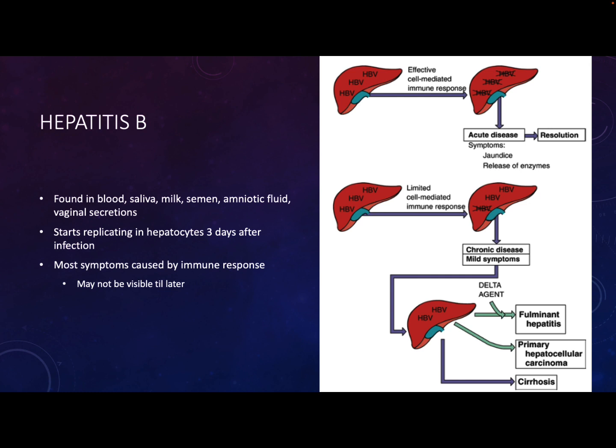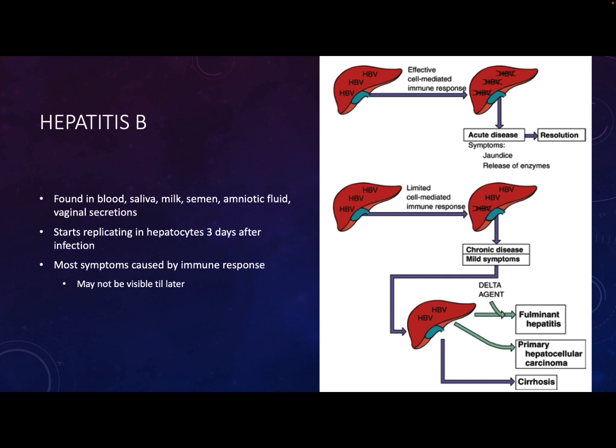In patients who have a limited cell-mediated immune response, for some reason, maybe their T cell response isn't as robust as we'd like it to be, they may develop far more mild symptoms, but they also can develop that chronic infection.